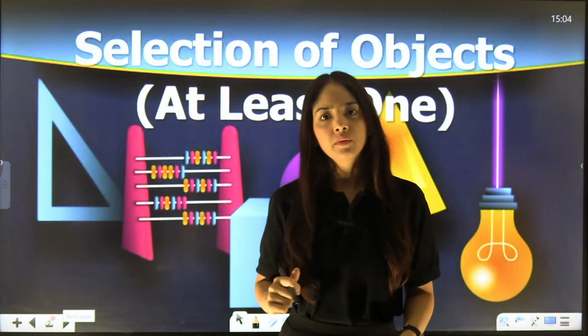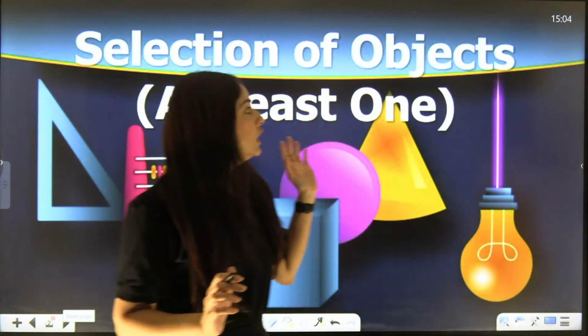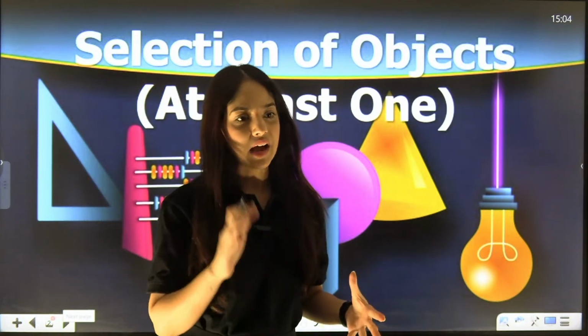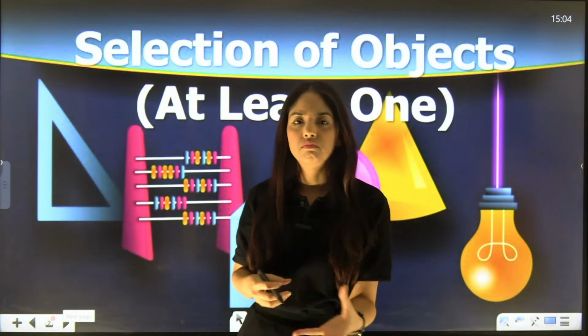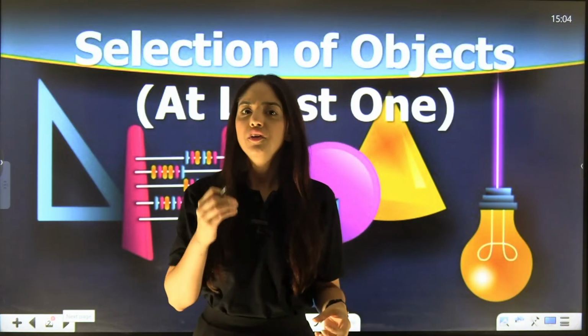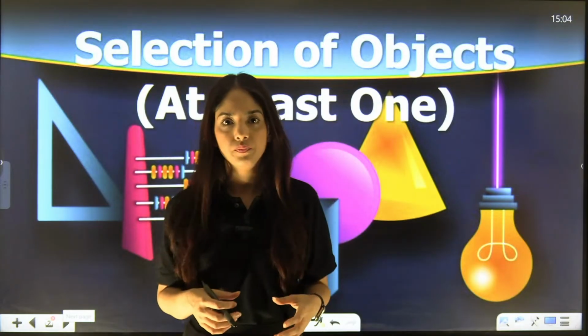Now, moving on, today we are doing another kind of problem. As you can see in the title behind me, we are just discussing one kind of problem, but it's very important when we have to choose at least one object.